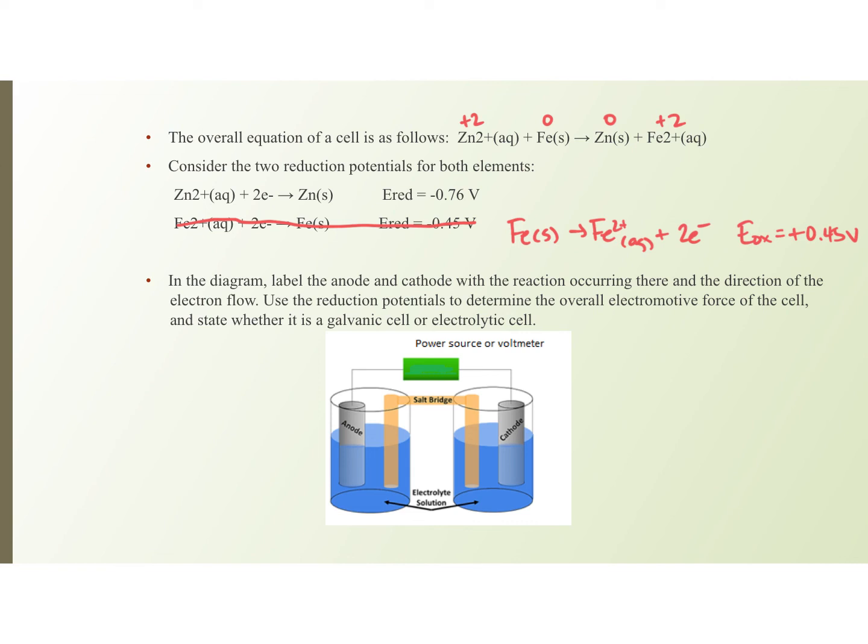to reflect what's happening in the overall equation. As you flip that second equation, you turn the reduction potential into an oxidation potential of positive 0.45 volts. Now label the anode and the cathode with the reaction that is occurring there, and also determine the direction of the electron flow. Go ahead and pause the video.